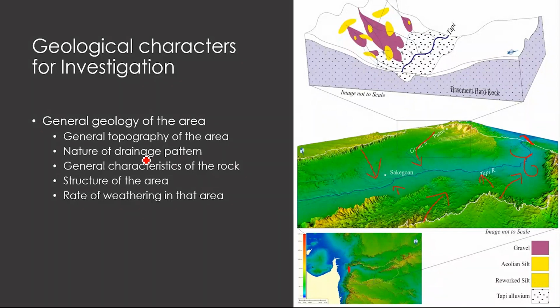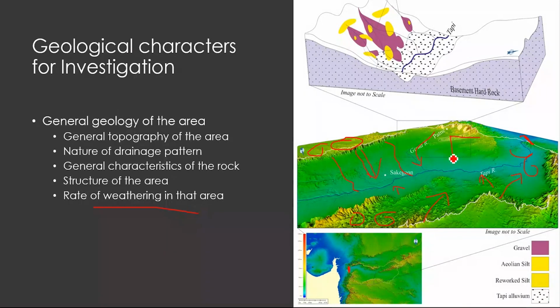So this all goes into the general topography of the area: how the area looks, the nature of the drainage network, how the rivers are contributing to it, the general characteristics of the rock, whether it is igneous, sedimentary or metamorphic, the structural characteristics, and the weathering characteristics, meaning how thick the easily erodable sediment on the surface is. That is the weathered profile.